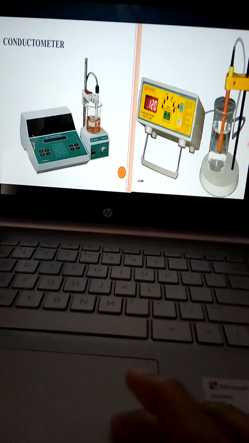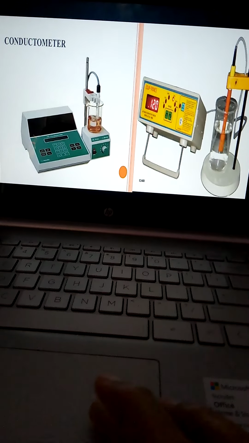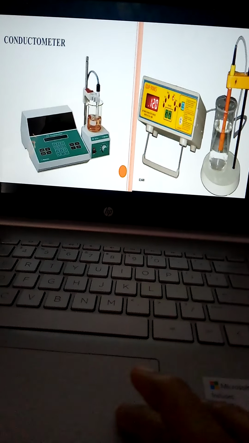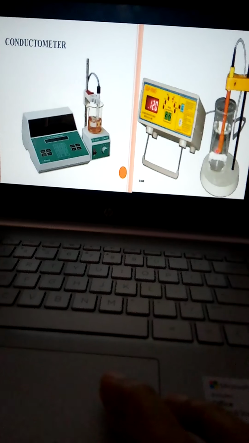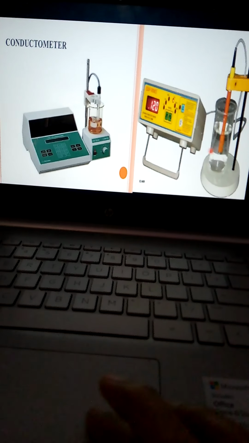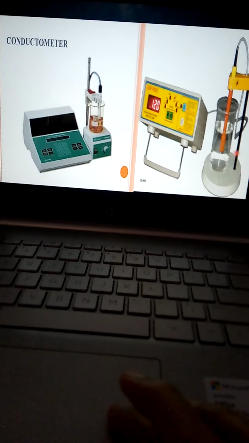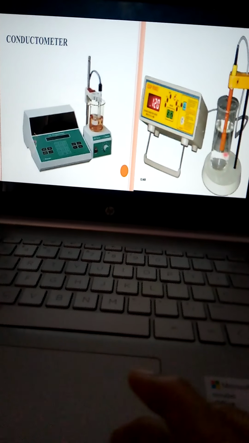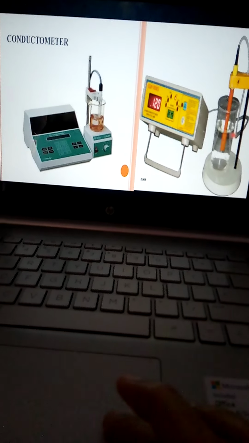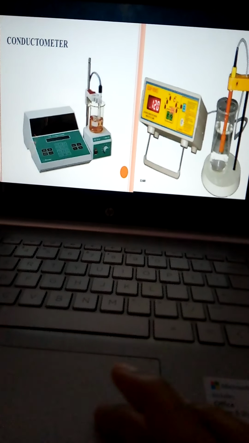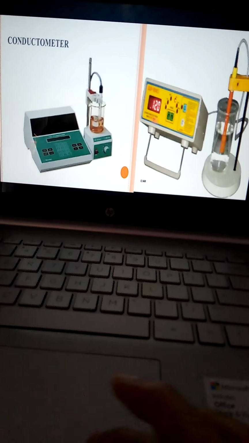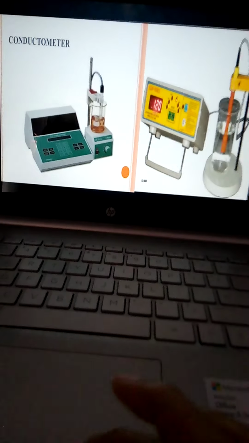Take NaOH in a semi-micro burette and add 0.5 ml of NaOH solution to the beaker containing HCl and distilled water. Stir well using a glass rod. You have to stir the solution. Then the conductance is noted. It will show the conductance reading. You have to record that in your book.